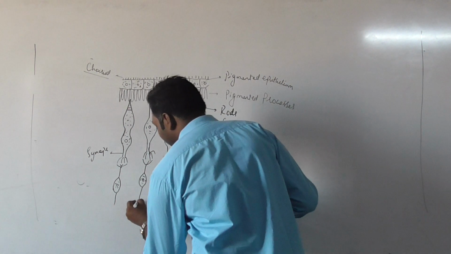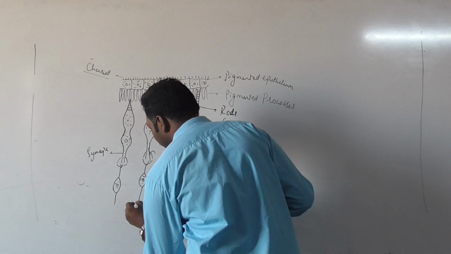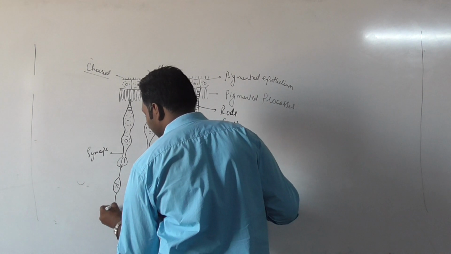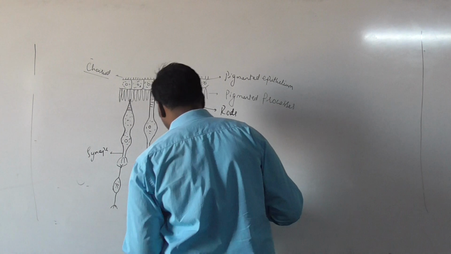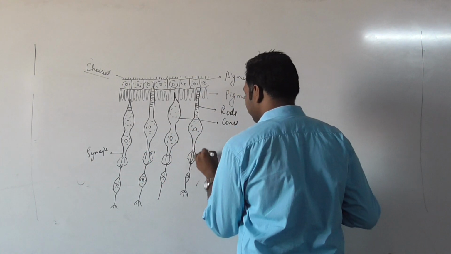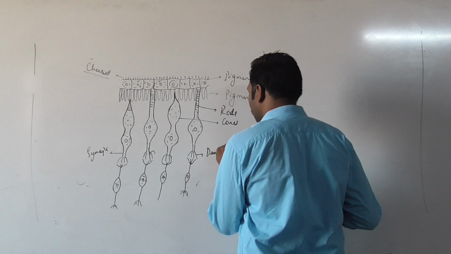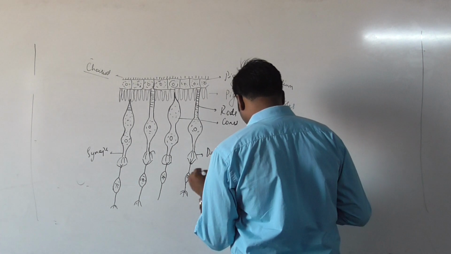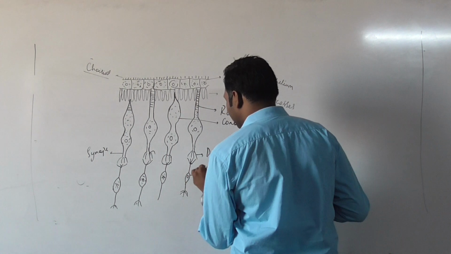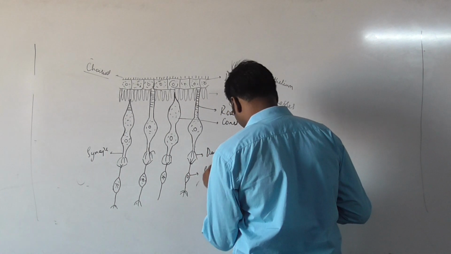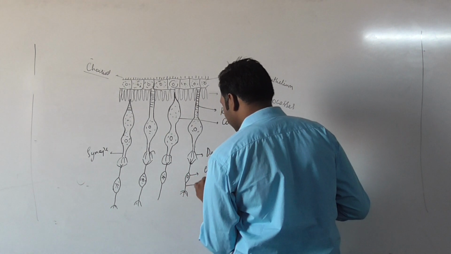So here you can see the diagram. This is the bipolar nerves. Bipolar nerves are there. These are the dendrites. This is the cytosol. This part is the axon.